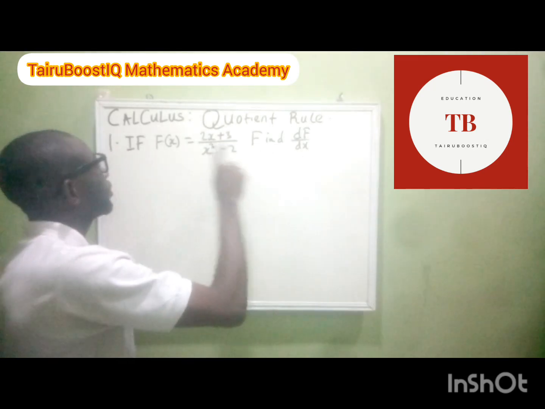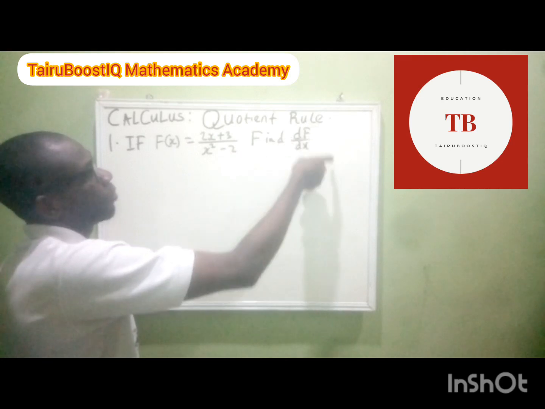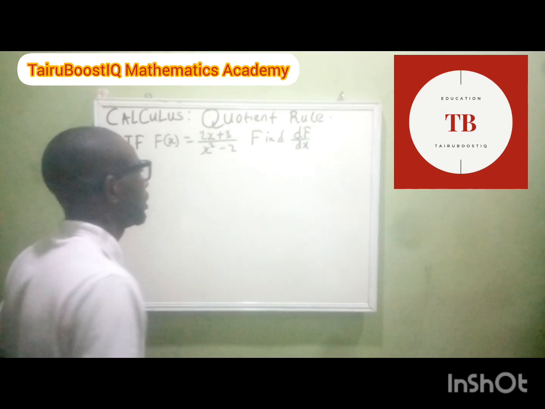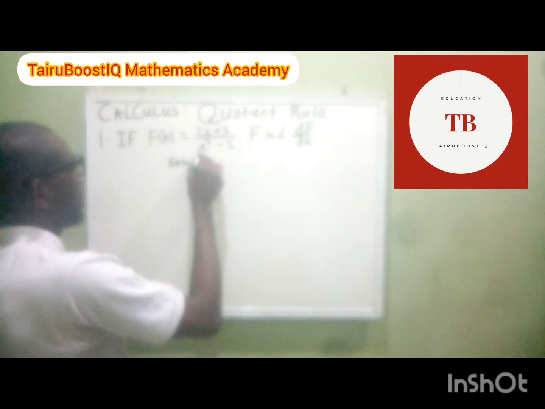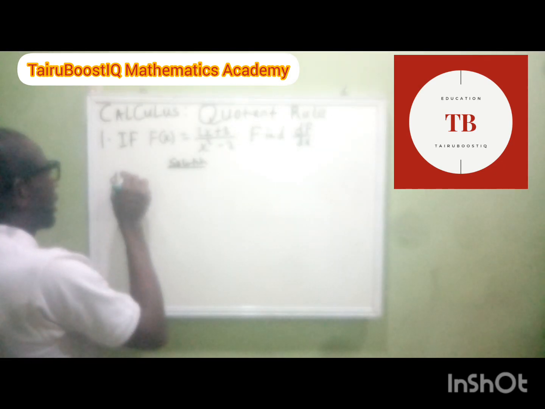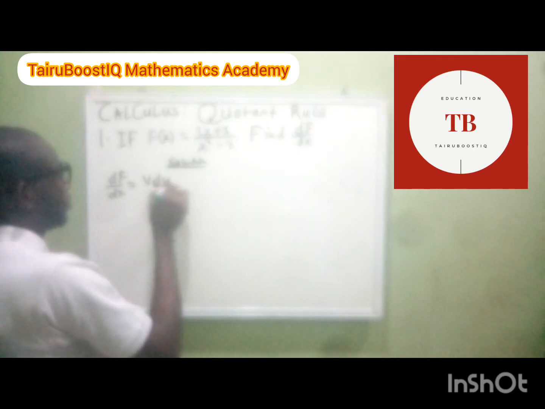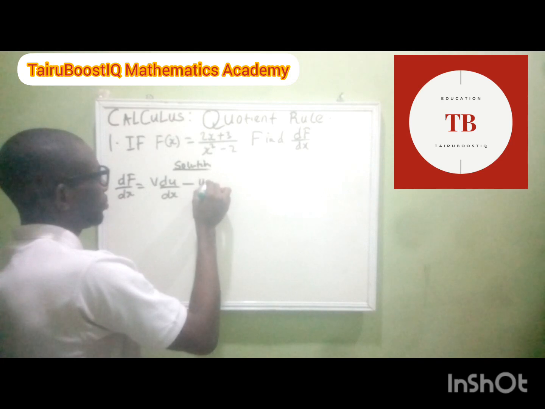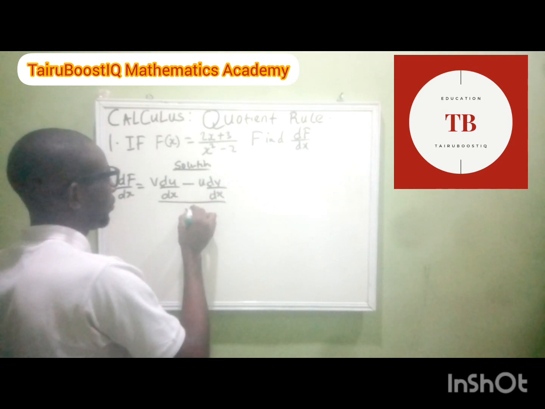Now, if the function given to us is y equals (2x plus 3) all over (x squared minus 2), then we are asked to find dy over dx. They are all the same thing. The first thing we are going to do is state the formula for dy over dx, which is the same as df over dx, equals v du over dx minus u dv over dx, all over v squared.